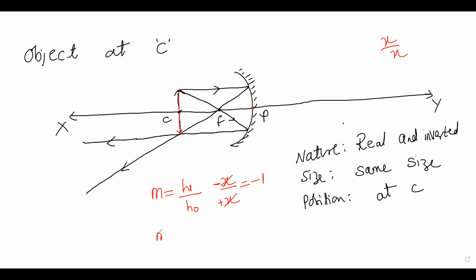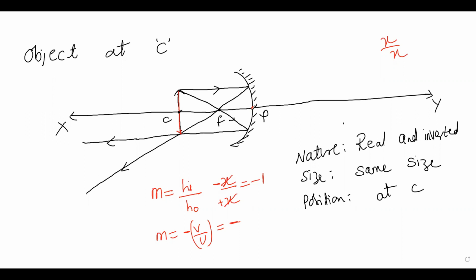Even if you take any other formula, which is -v by u, where v is image distance, u is object distance. Even if you use this formula, both are at the same place.